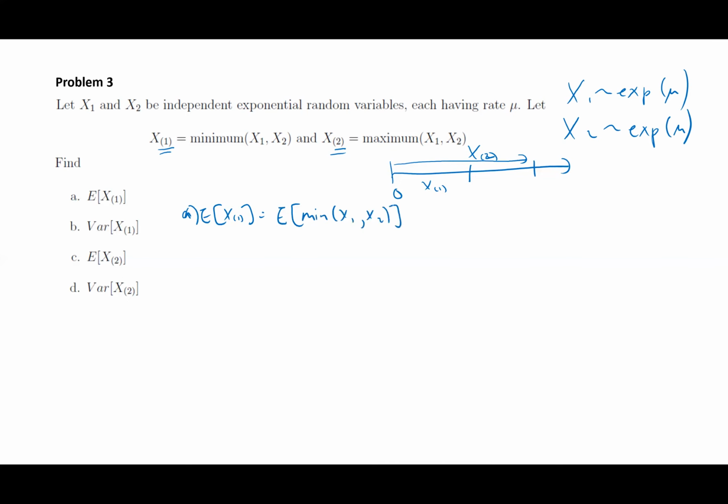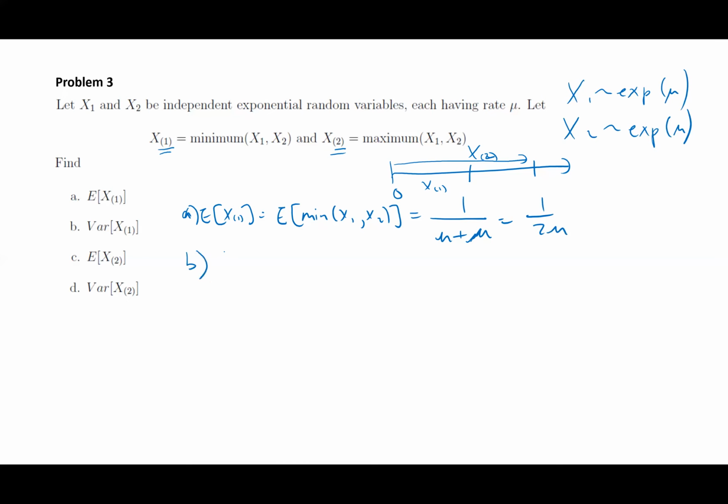Given that something is the minimum of two exponential random variables, we know this is just going to be 1 over the sum of the lambdas, or the mu's, because when you take the minimum of exponentials, it starts behaving like an exponential on its own with simply all of the rates combined. This will be 1 over mu plus mu, so you get 1 over 2 mu.